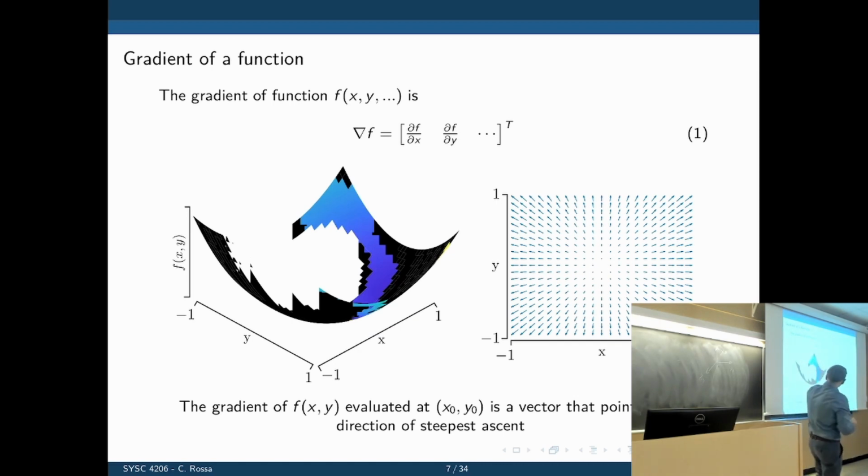Here we have x and y, so we can take a point in x and y. Here we see the value of the function, so it's just basically the quadratic function here. We can take any point of this plane, plug that into the gradient, and the gradient gives us now a 2D vector. What does that 2D vector represent? Well, it represents now the way the function grows.